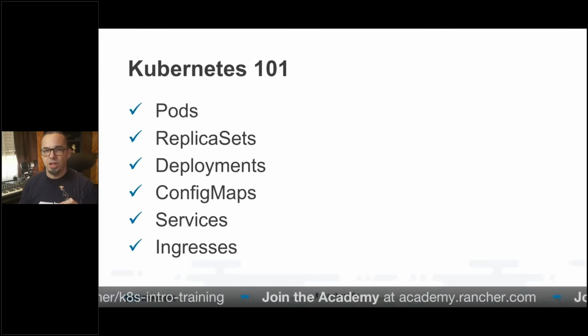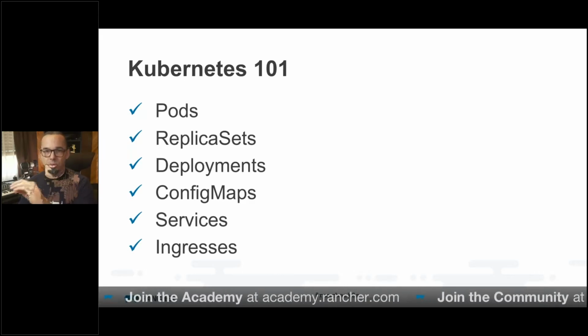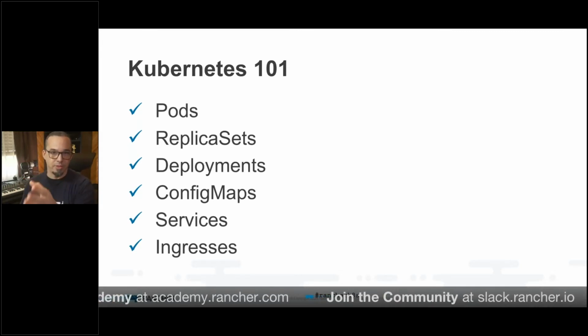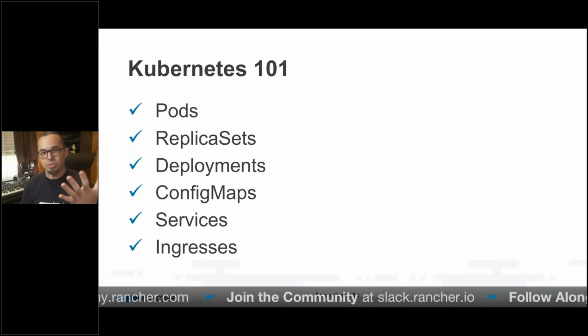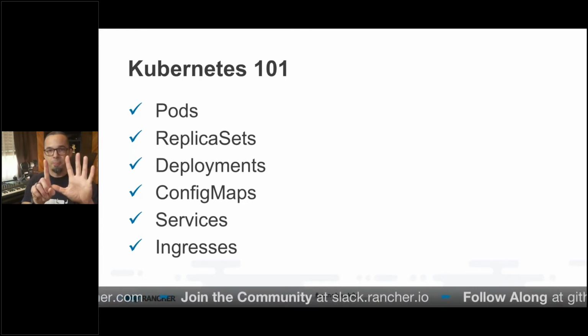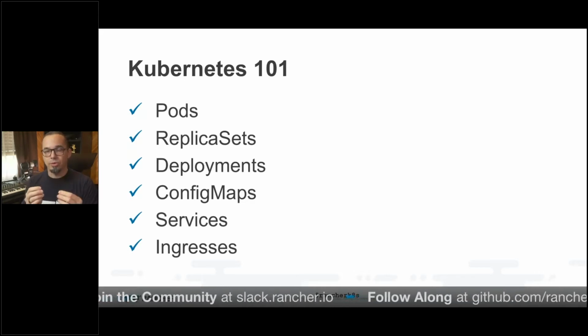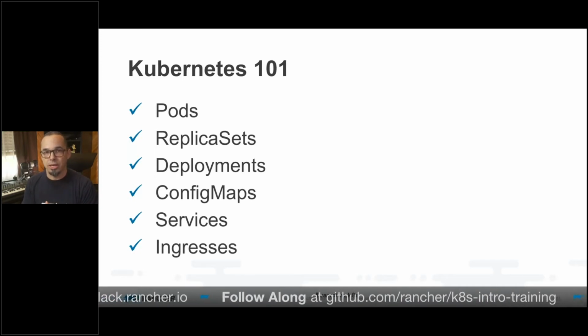By the end of today's class, you will know everything that you need to know about the basic components that Kubernetes assembles into an application. And that is derived from these things: pods, replica sets, deployments, config maps, services, and ingresses. With this understanding, you will be able to go and launch and manage and understand your own applications inside of Kubernetes.